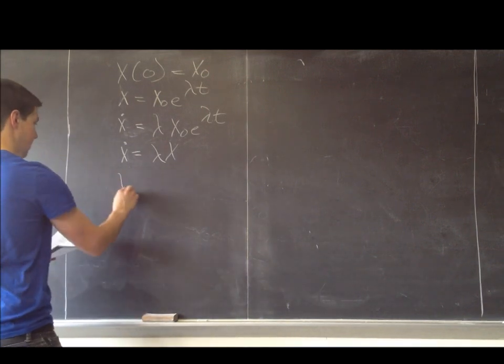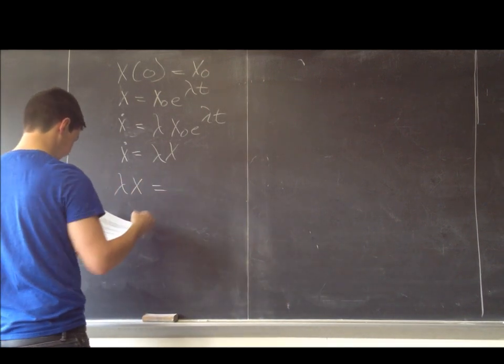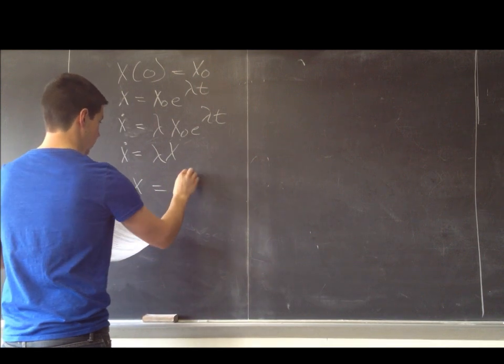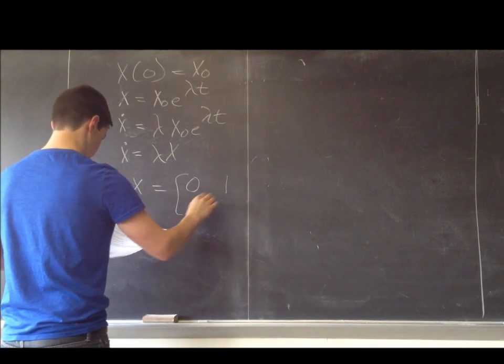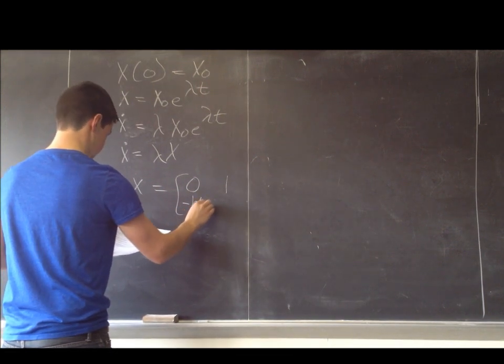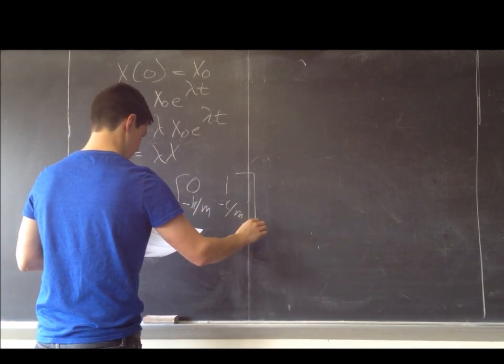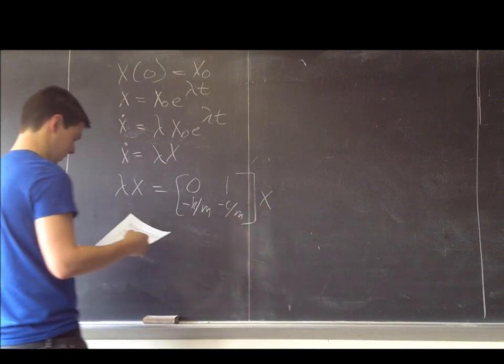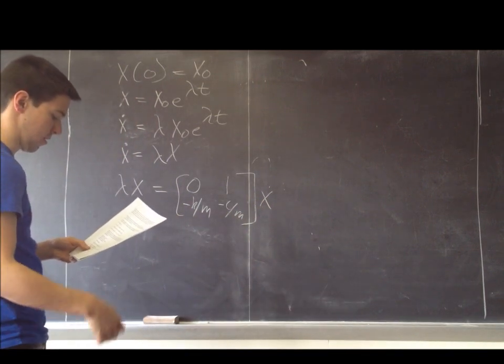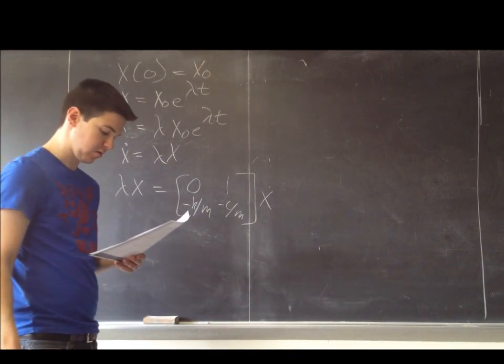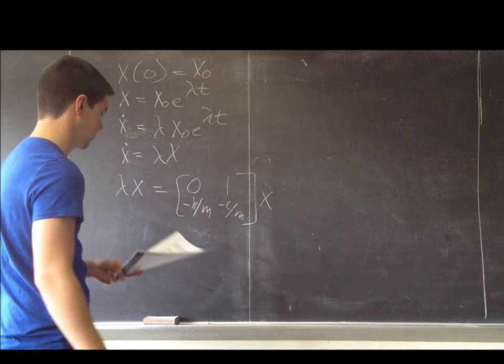So now we have lambda x equals the matrix 0, 1, negative k over m, negative c over m, x. We can break apart our variables into x1 and x2 to make it easier to solve, so we'll do that next.